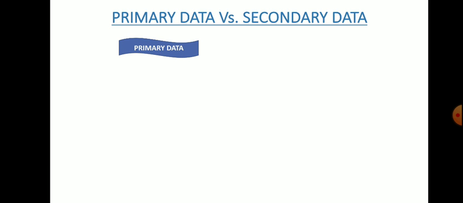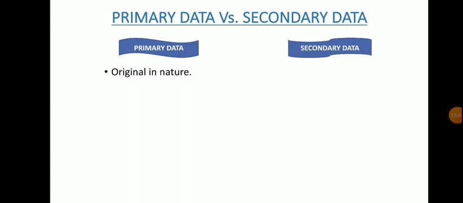Now let us see the differences between primary and secondary data. This is a very important topic as well. See, primary data is original in nature, as I said, but secondary data is not original in nature, because we are collecting it from somewhere else or someone else.